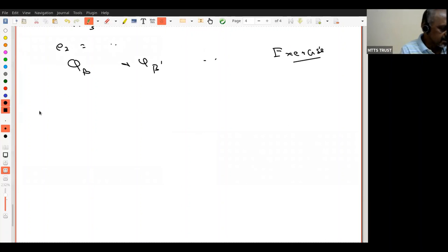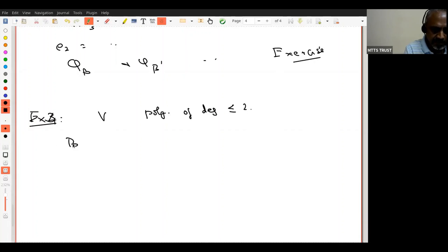Now let's look at a little more involved example. Example 3 or 4, because I can consider the last one as example 3. Okay, now let's look at V to be polynomials of degree less than or equal to 2. Then we have a standard basis for this, namely 1, x and x squared.